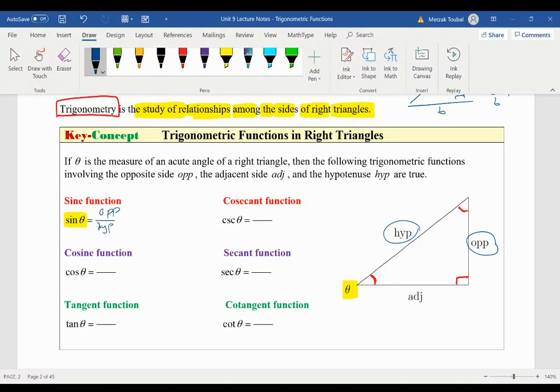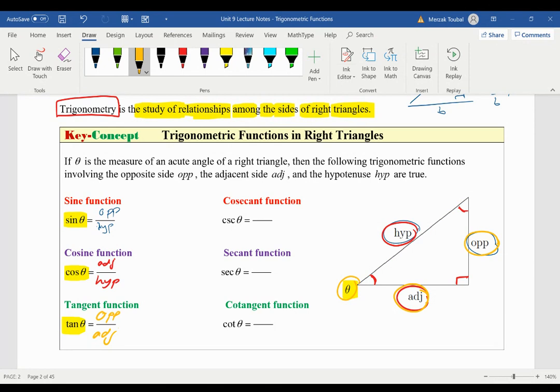And then we have the cosine of angle theta. Cosine of angle theta would be the adjacent over hypotenuse. So adjacent over hypotenuse. And then tangent of angle theta. Tangent of angle theta would be the opposite over the adjacent. So the opposite over adjacent.